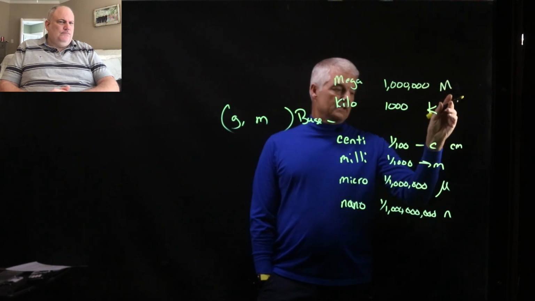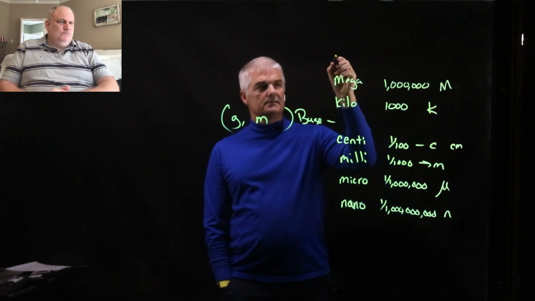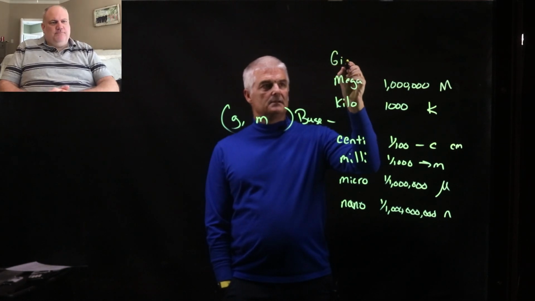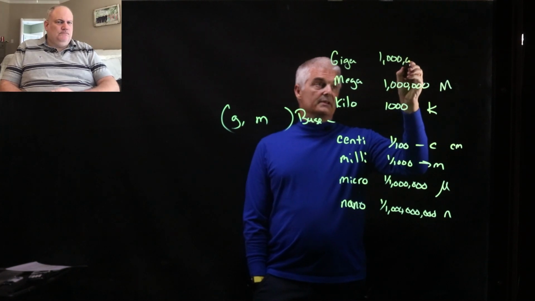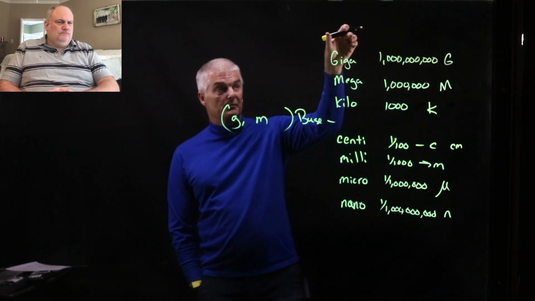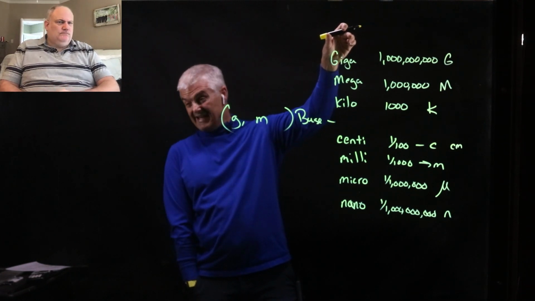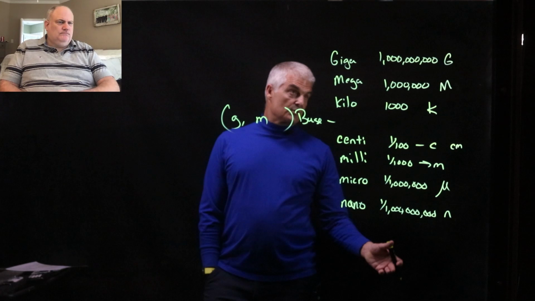It's a capital M, not to be confused with a little m. Then we have giga, like gigabytes on your hard drive, and that's a billion, with a capital G. By the way, you may be familiar with tera from your computer systems, which is the next one, a trillion.